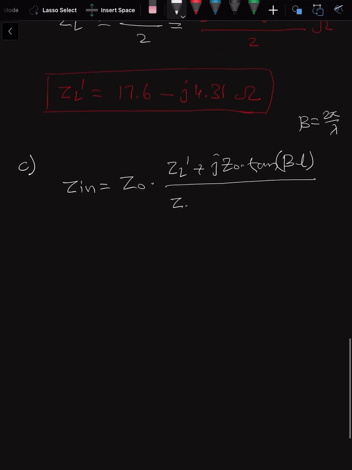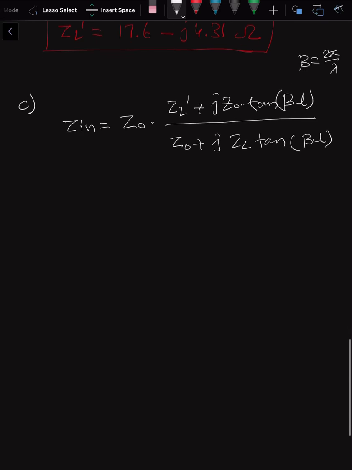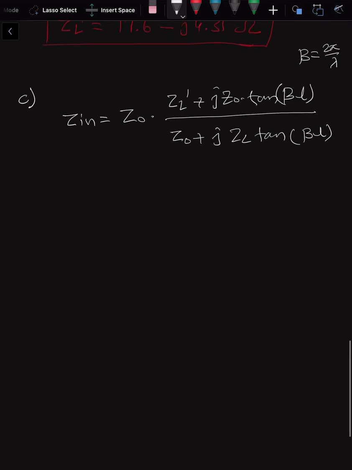In the denominator we have Z0 plus j times ZL tangent of beta L. L is given as 0.3 lambda.